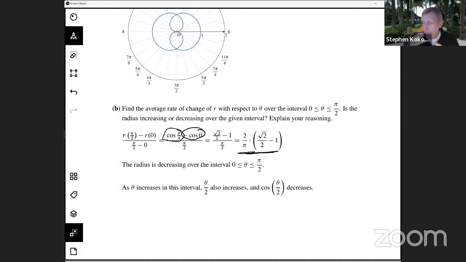And I know a little bit about the characteristics of the cosine function. That means if that argument is increasing, then the cosine is decreasing. That's how I argued on that one, but there may be another way to do it. And you may even be able to demonstrate this on the graph. I'm not sure. So that's all I got.